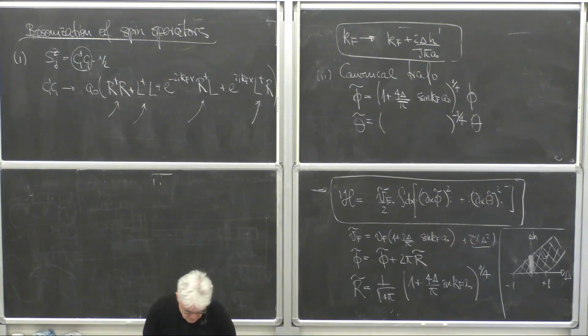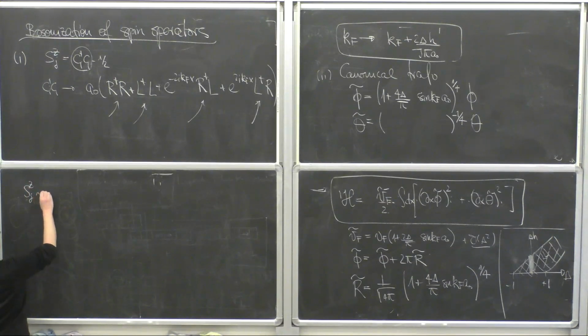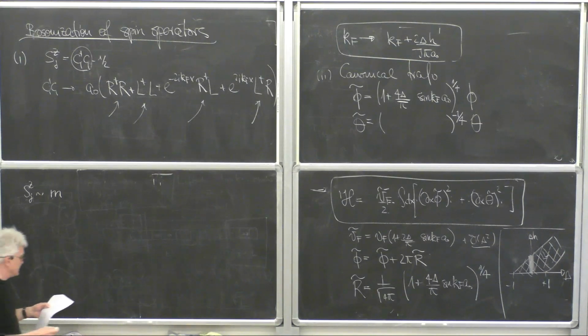Okay, so what we get is that S^z_j has a constant piece, a piece proportional to the identity. It's clear that has to be there because I've put in a magnetic field, so the ground state will be magnetized. There will be a finite magnetization, and in terms of the operator, that's just whatever the magnetization is times the identity.